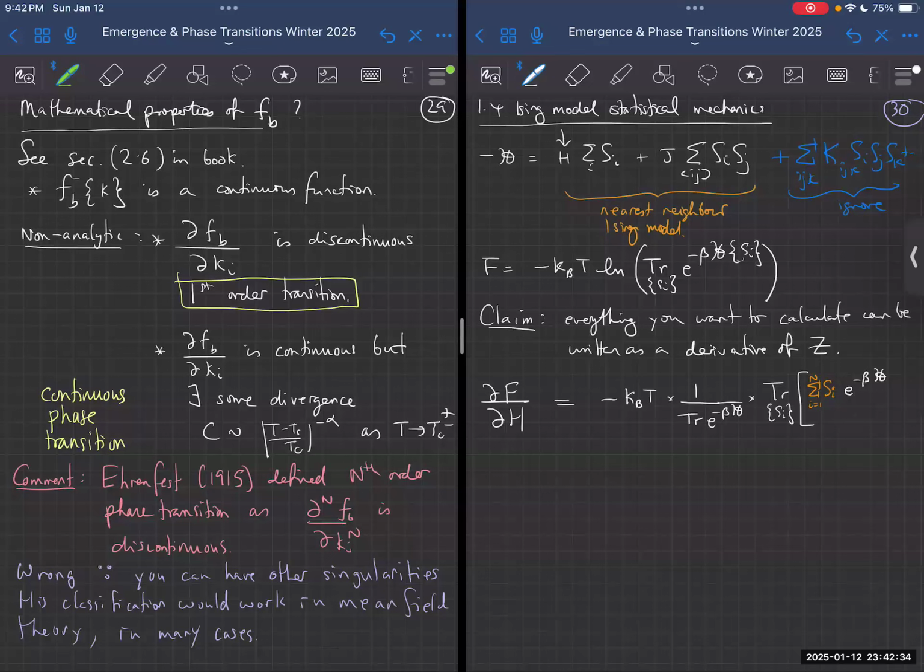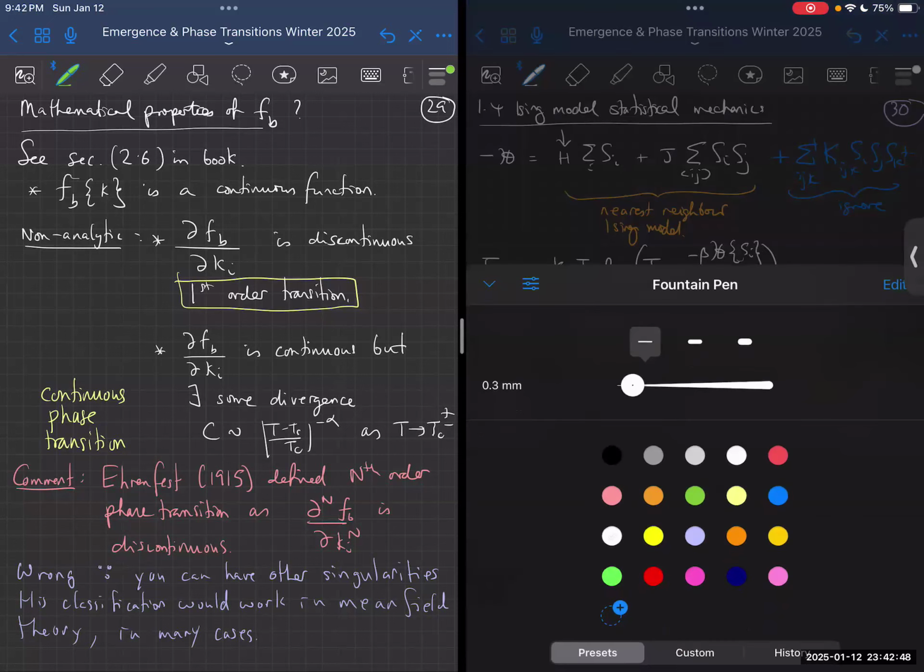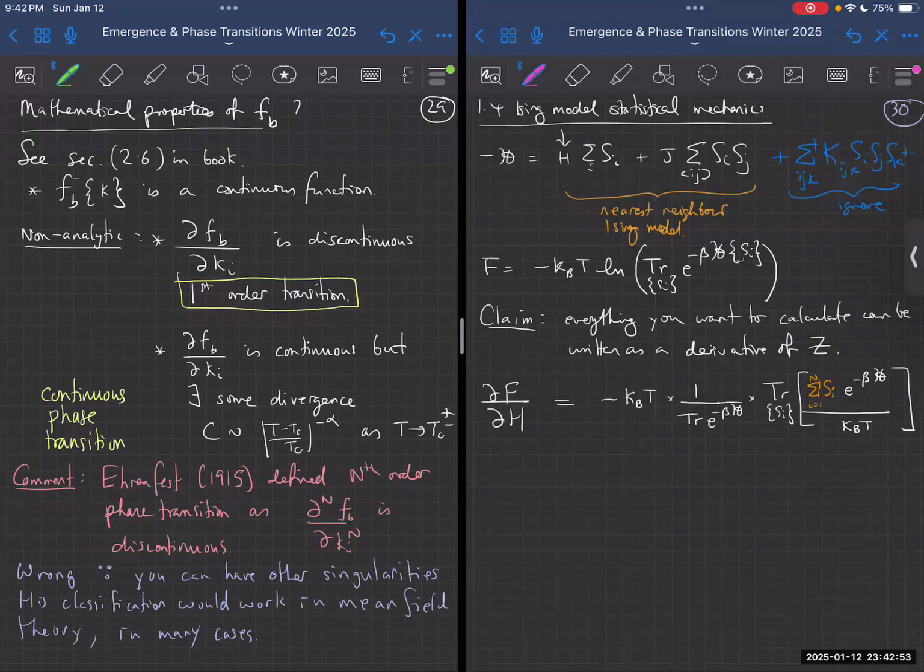I also have a factor of 1 over k_B T, because when I differentiate, I bring it down here. I'd like all of you, particularly if you haven't seen this before, to check this.